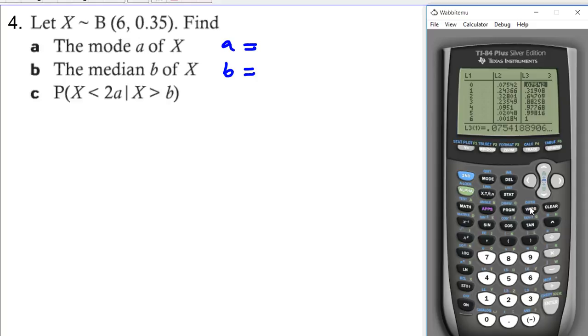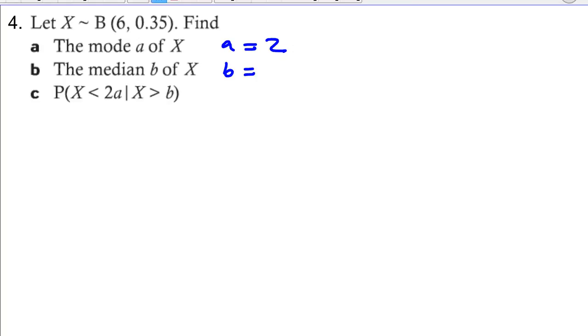So let's start with the mod. The mod will be the highest probability, which I think is 2. 2 is the mod, and the median is 2. So 2 and 2.